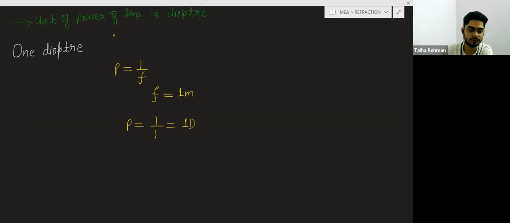So you can write: 1 diopter is the power of a lens having a focal length of 1 meter.